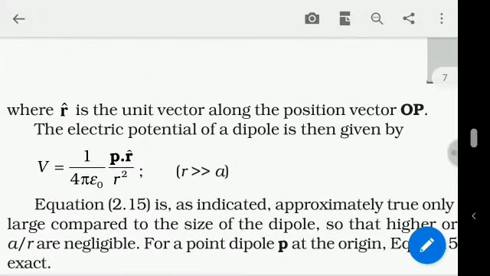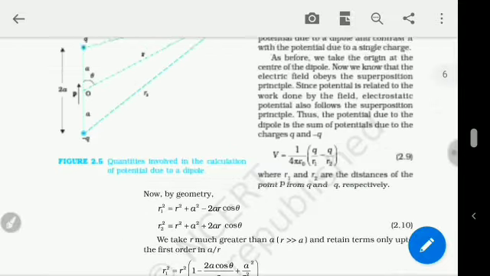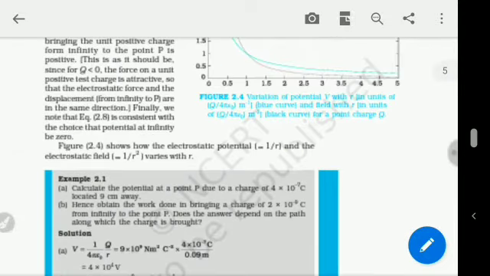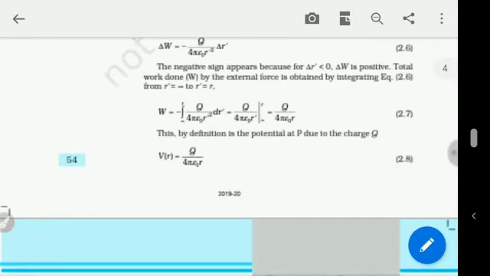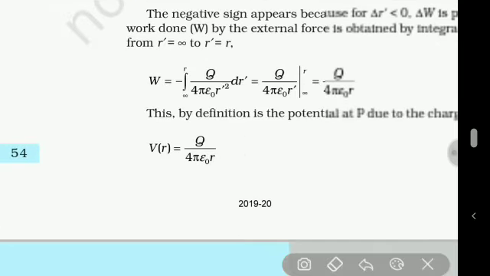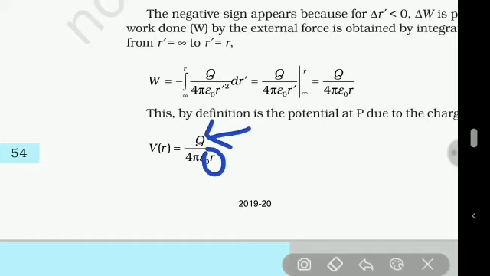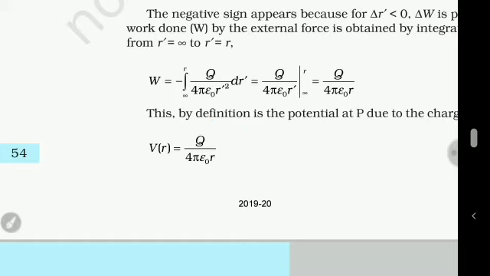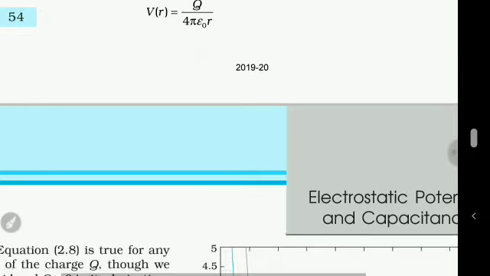Here the potential due to a dipole is inversely proportional to r square, but the potential due to a single point charge, in its formula you can see, is inversely proportional to r. This is for a point charge. So in MCQ this can be asked.